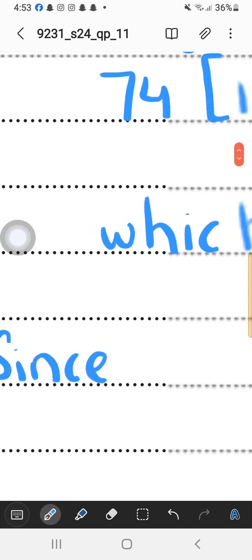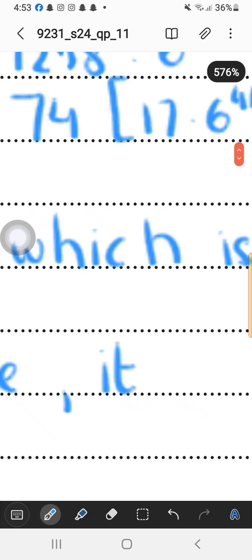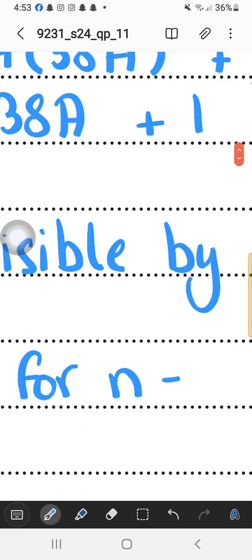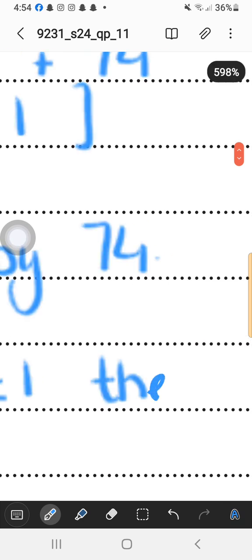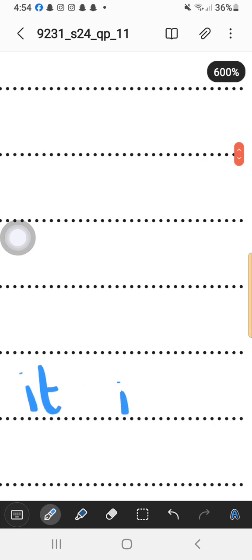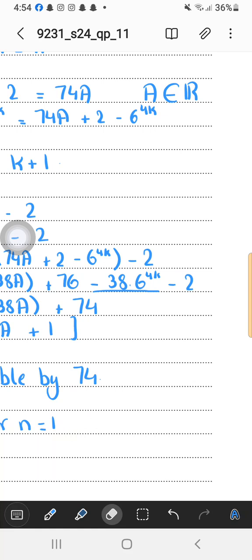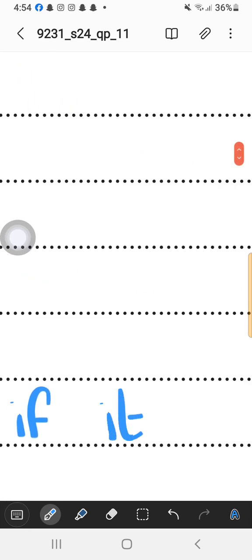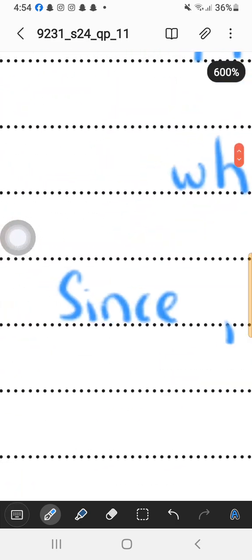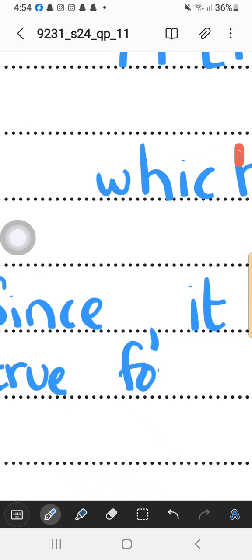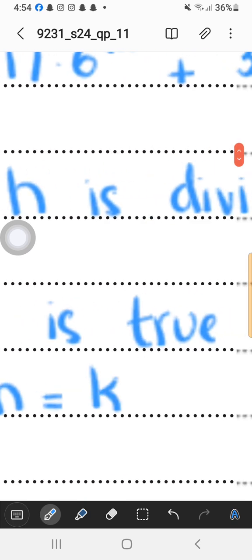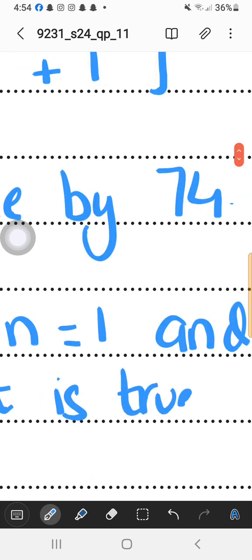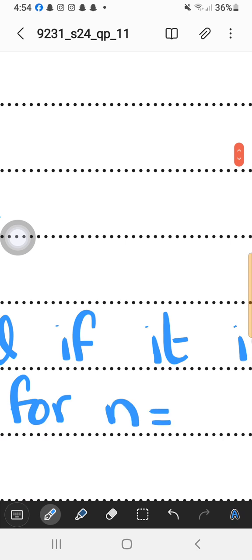Since it is true for n is equal to 1, and if it is true for n is equal to k, because the second part is an assumption, so it is an if condition, then it is true for n is equal to k plus 1.